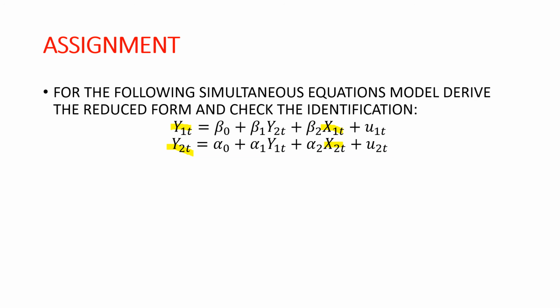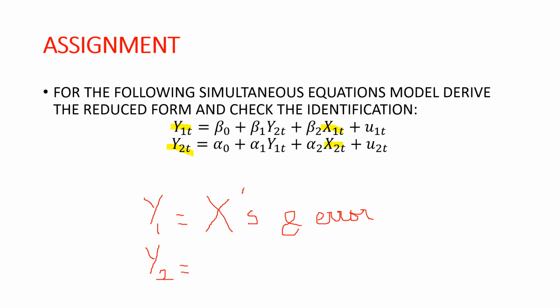So we have two endogenous variables and two exogenous variables, x1 and x2. We will derive two reduced form equations, one for y1 and the other one for y2, where in each one the function includes only x's, x1 and x2, and an error term only, and the same for y2.